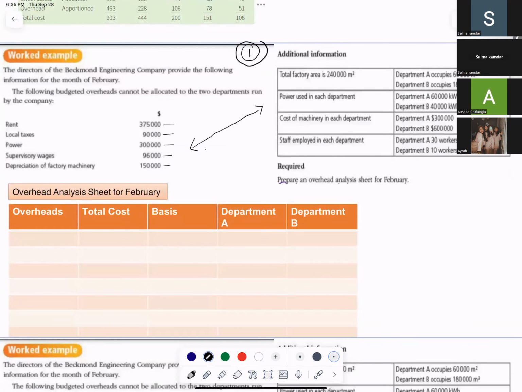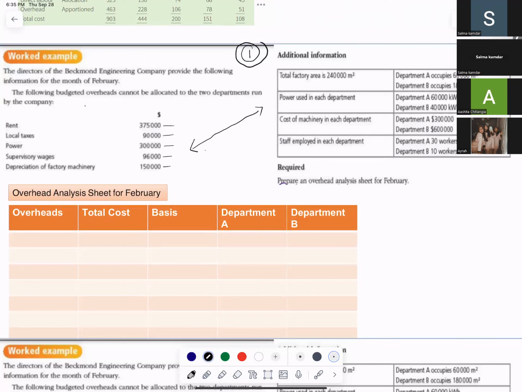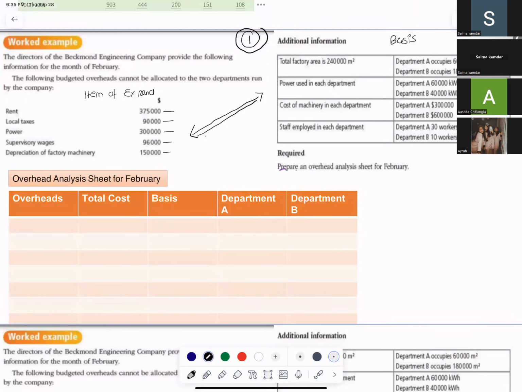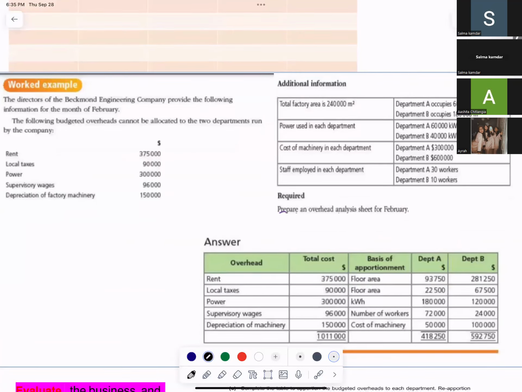Kilowatts. Okay, this is your item of expenditure and this is your basis. So you have to distribute it amongst the departments on a suitable basis. After doing it, you are going to evaluate yourself. This is your first homework.